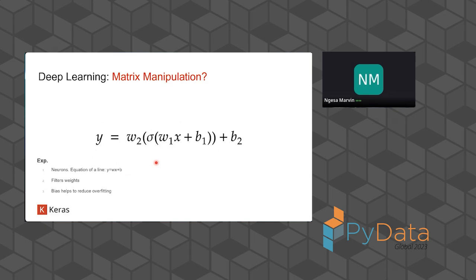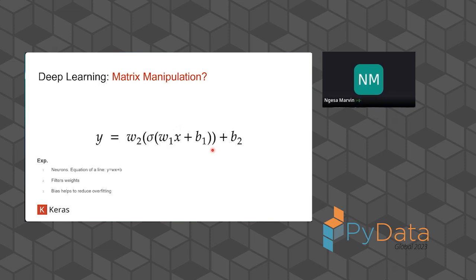You can take the values of filters as the weights, so W is, let's say, the filters, X is the matrix of numbers, and then you may be seeing some b here. This b could just be a bias, and this bias could help us to reduce overfitting in our model.